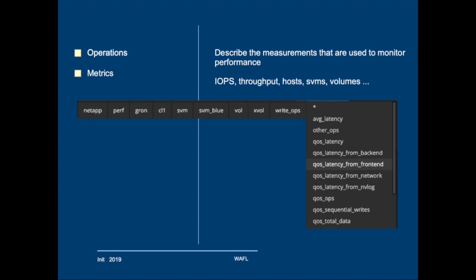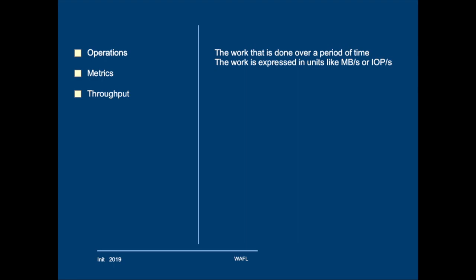So the tools that you will be using do not always distinguish between that. Then we have metrics. Metrics is the term that is used to describe the measurements that you are using to monitor your performance. Think of number of I/O operations per second, number of megabytes per second, but also the host or the volume or the storage virtual machine that you want to monitor can be regarded as a metric.